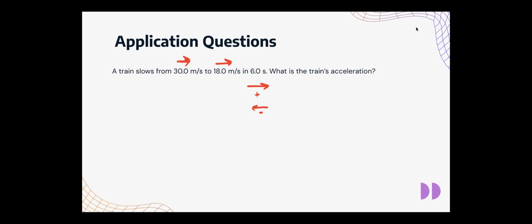Okay, so again, this is pretty similar to the previous question we had. We are using the same equation actually. We always want to start with our variables, correct? We have three variables that were given: the initial velocity, which is 30 meters per second, the final velocity, which is 18 meters per second, and the time, which is equal to 6 seconds, correct?